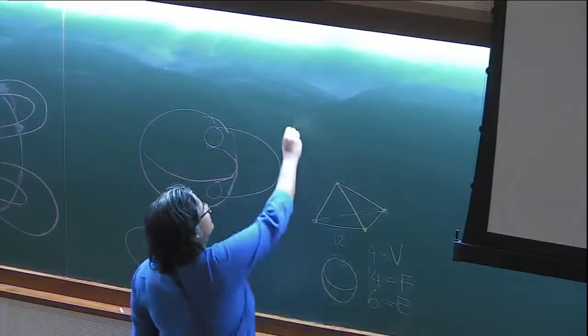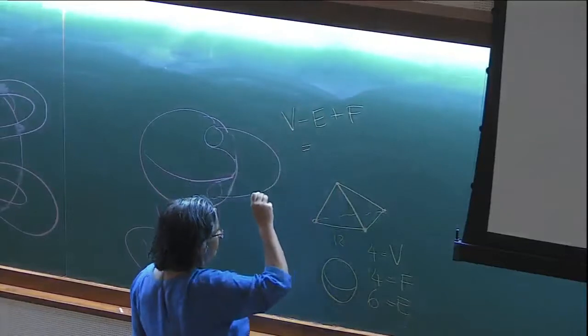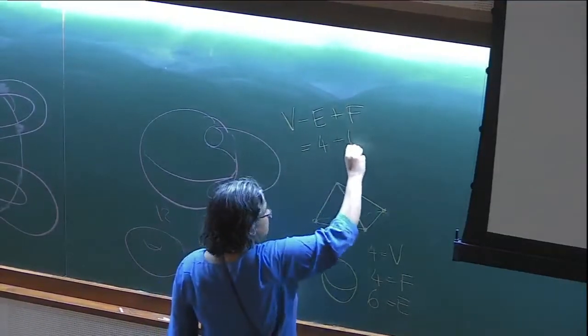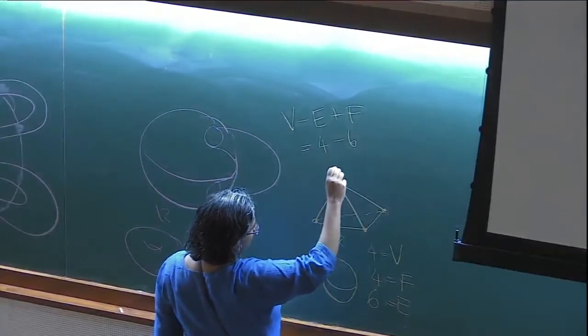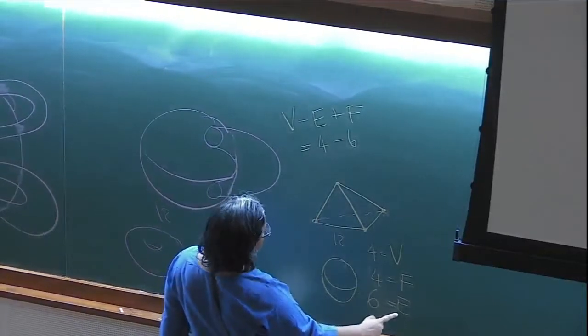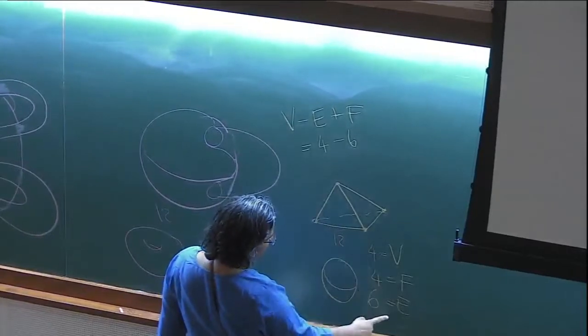So now if you count V minus E plus F, this should be 4 minus 6. Oh, did I do it the other way? 1, 2, 3, 4 vertices. 1, 2, 3, 4, 5, 6 edges.